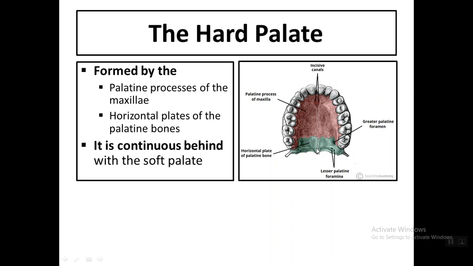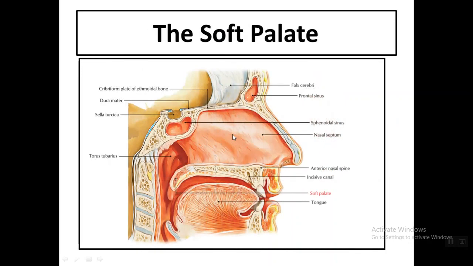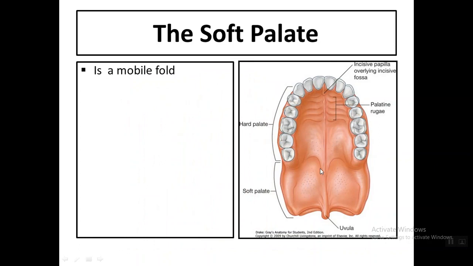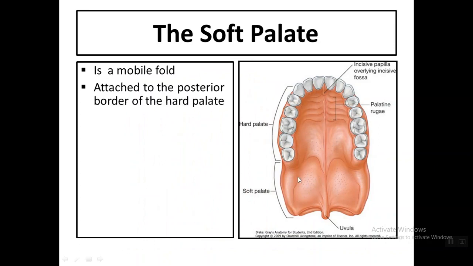It is continuous behind يعني هنا continuous behind with the soft palate. The soft palate is attached to the posterior end of the hard palate. It is a mobile fold attached to the posterior border of the hard palate.